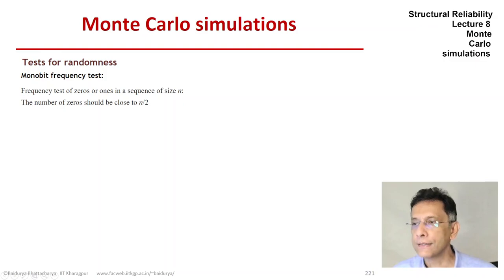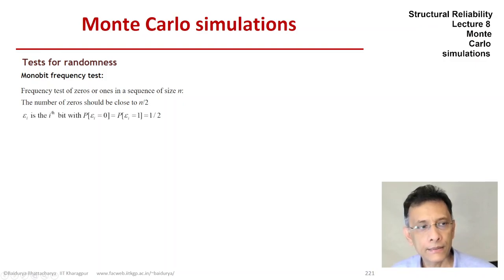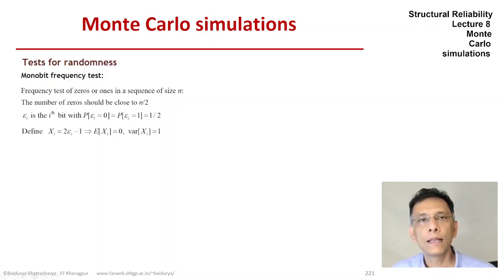Now let's formalize this. Let epsilon_i be the ith bit, so the probability of 0 and 1 is each equal to half. Let's define a new random variable X, which is 2 epsilon minus 1. The mean of X, you can work out, is 0, and the variance of X is 1. Now consider the sum of these n X's, n being the length of the sequence.